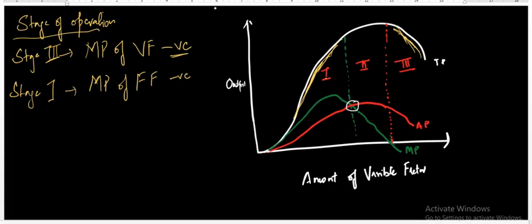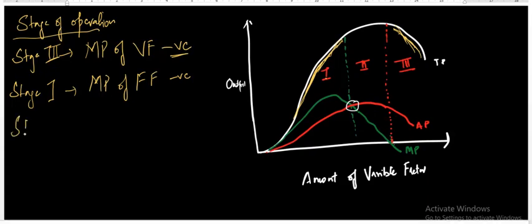I'm not fully utilizing the capacity of the fixed factor. Although I can put more labor on it and produce more output, I'm not able to fully utilize my fixed factor in stage 1.